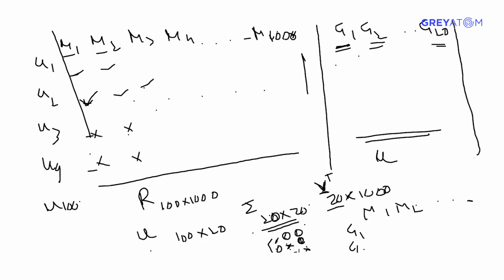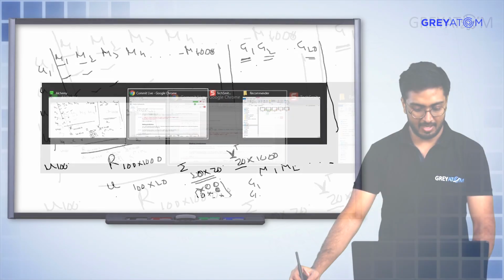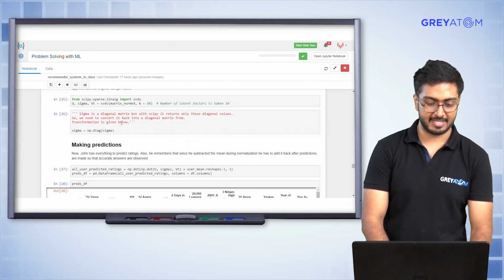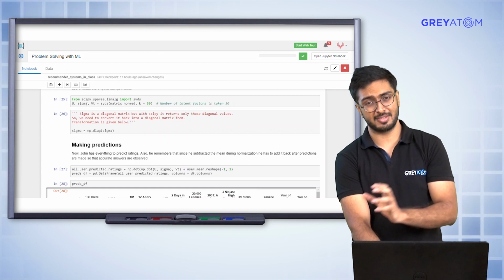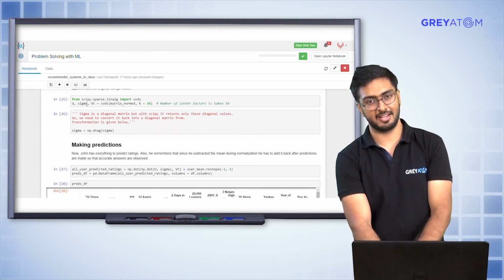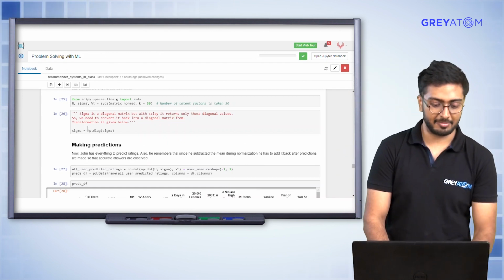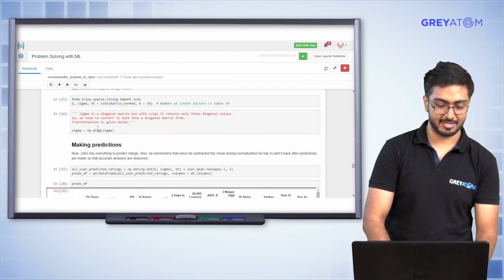This is what a diagonal matrix looks like. Basically all the values apart from your diagonal values are zeros. And what sigma gives you is the values of the elements in the diagonal. You have to convert them into a diagonal matrix using this.